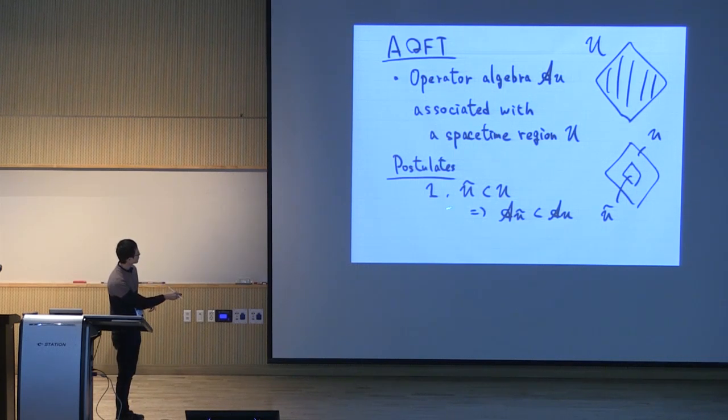So in that sense, this inclusion gives you a partial order, and this also gives you a partial order for the operator algebra. This is very similar to what we have seen before: we had a partial order for quantum states, but now we have a partial order for the algebras or space-time regions.